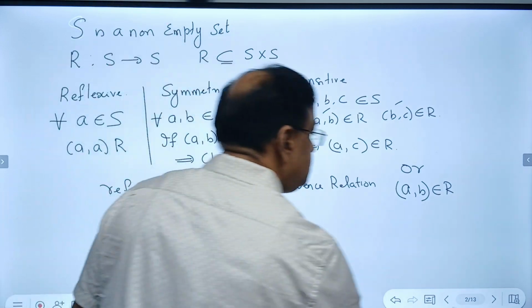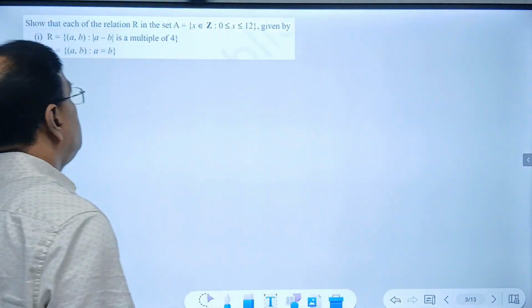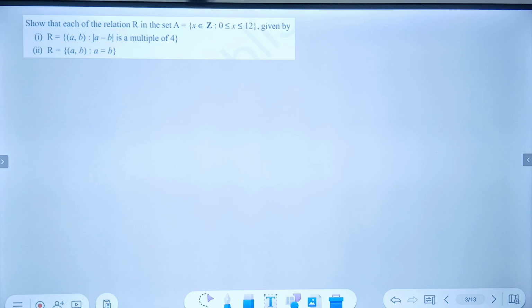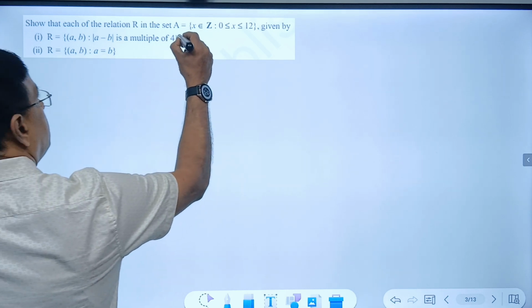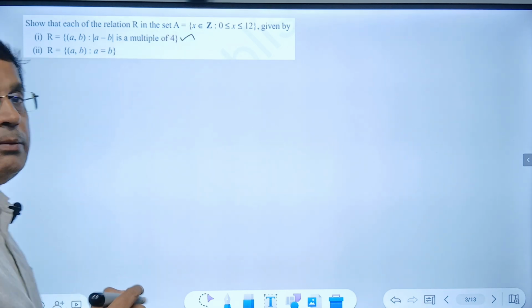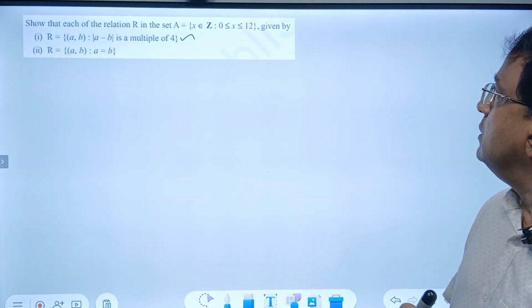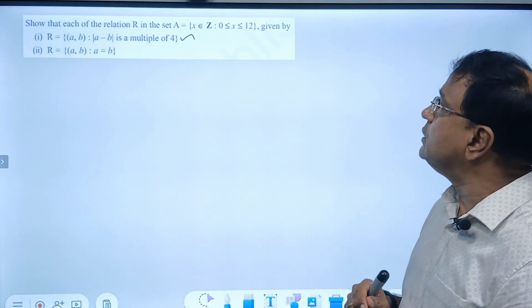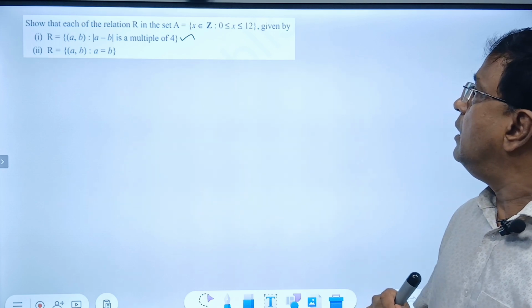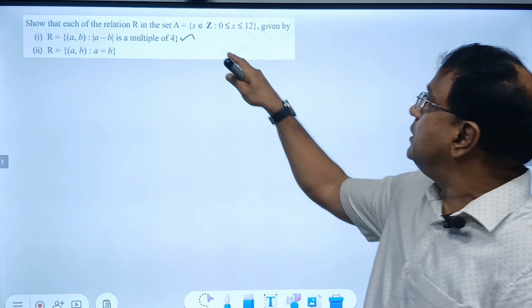Now with that definition, let me go to the first problem. This is a very, very important question. It has come many times in the board exam. R is a relation on set A, and it is defined like this.